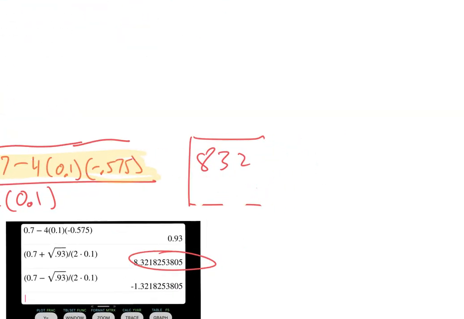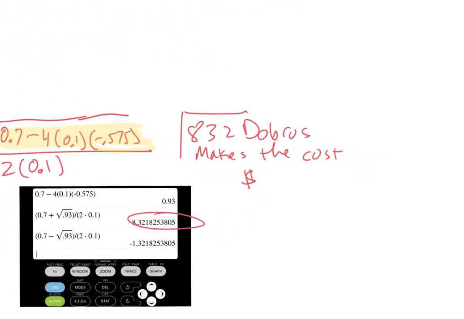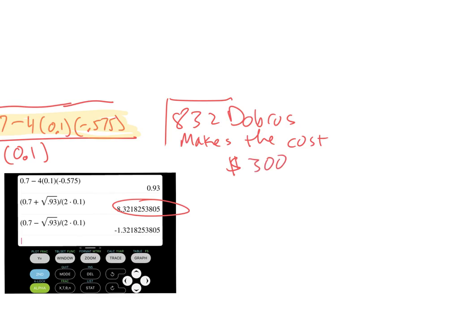A dobro, by the way, is a musical instrument, if you didn't know. Dobros make the cost, we say $300.